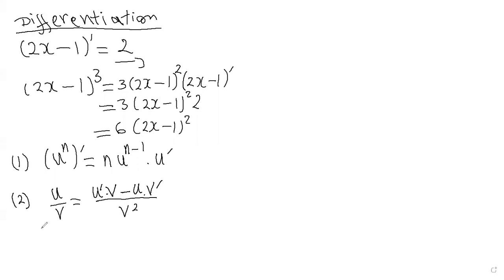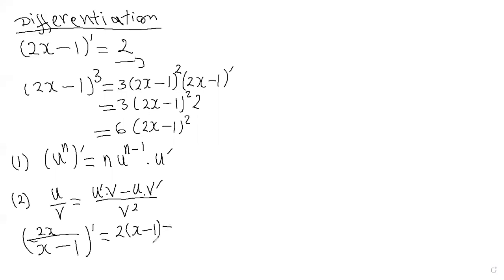If I have 2x over x minus 1 derived, what I'm going to do here, I will first derive, this is my u. The derivative of 2x will give me 2. Then I multiply by x minus 1, which is v.